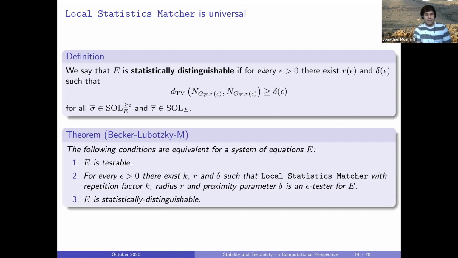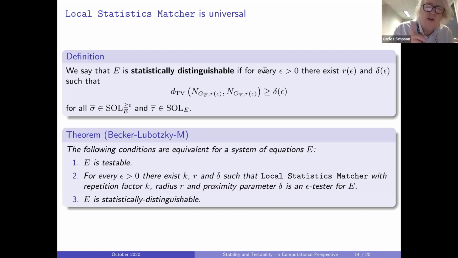So as long as you don't care about that, it doesn't matter which metric you're taking. Once you do care about that, the natural metric to take in order to show that the local statistics matcher is a good algorithm is actually the L2 metric. Yeah, I would have thought so. But on the other hand, in order to show the universality result that I'm just going to state, total variation seems to be the best metric to use. So this is the one we're using.